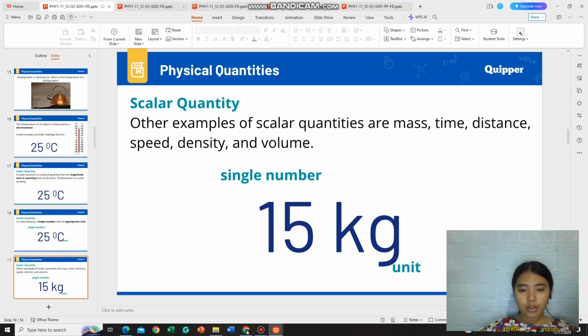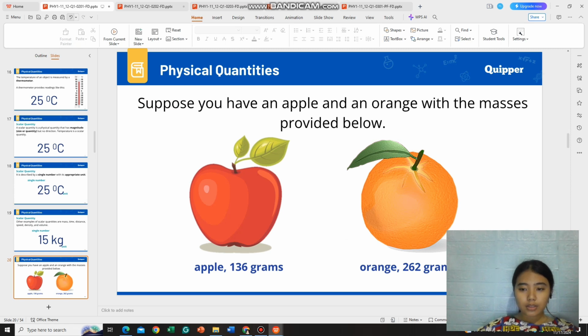Single number 15, its unit is kilograms. That is a scalar quantity. So, suppose you have two apples and orange masses provided below.